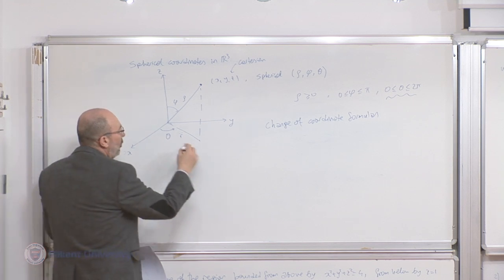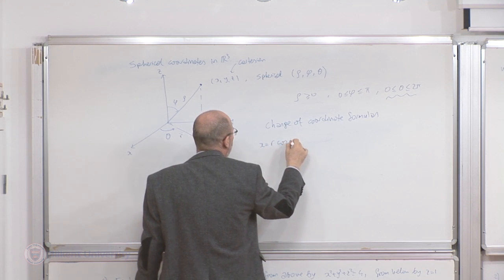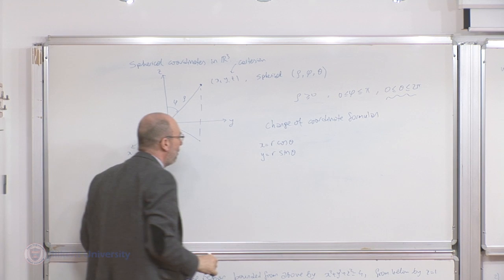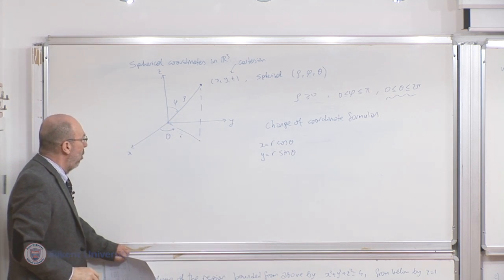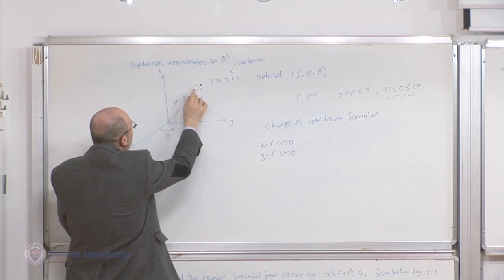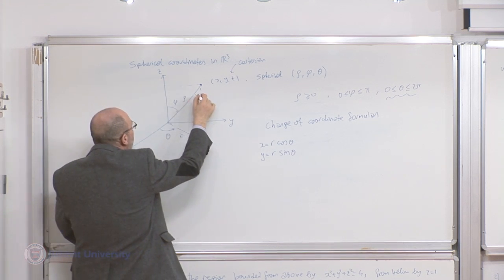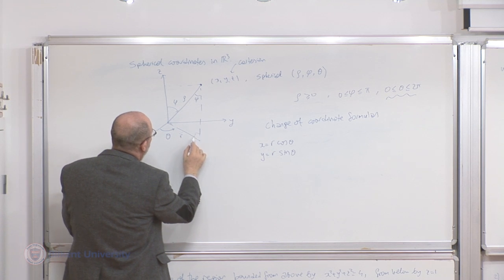First we have x equals r cos theta, y equals r sine theta. Let us look at this picture here. This angle is phi, and this angle is perpendicular.